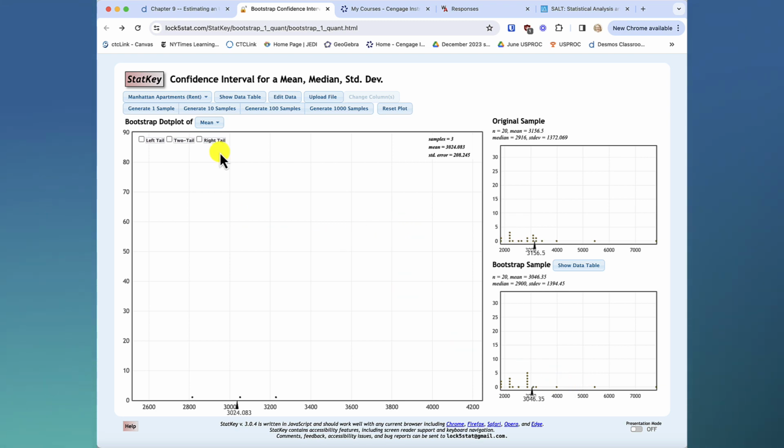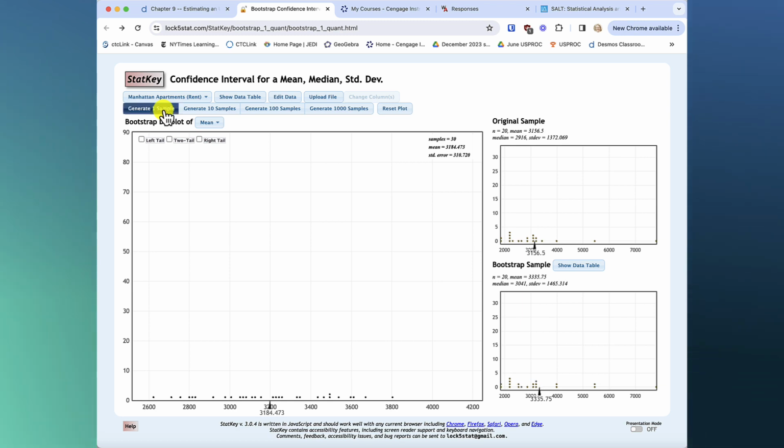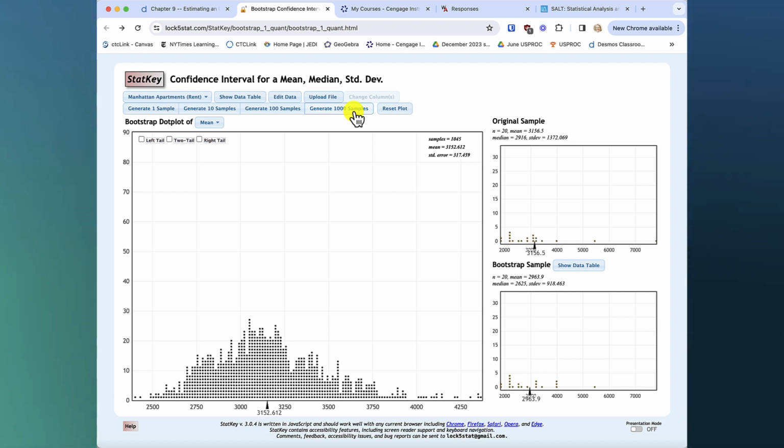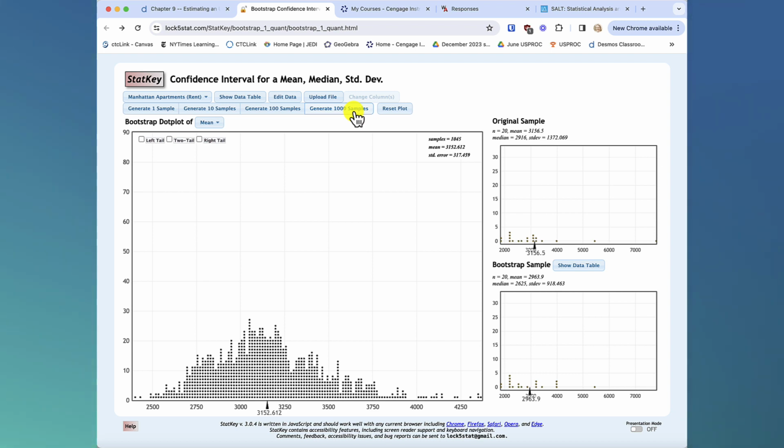Well, let's say that I have a whole lot of friends and I can just keep generating sample after sample because each of my friends goes through and collects a sample of 20 apartment rents. And then we just start making this big old graph with all these sample means. So if we're trying to really estimate the average price of rents in Manhattan, let's say that I had a few thousand extra friends, and they're each taking a sample of 20.